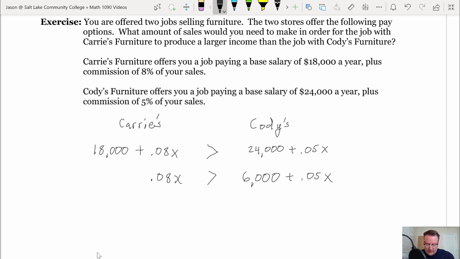Next, I'm going to subtract 0.05x from both sides. 0.08 minus 0.05, think of it like cents, 8 cents minus 5 cents is 3 cents. So we end up with 0.03x is greater than 6,000.